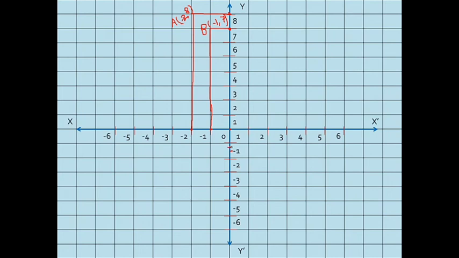It is 1/4 after -1. Here we draw a line, and this point we call C, that is 0 comma -1.25.